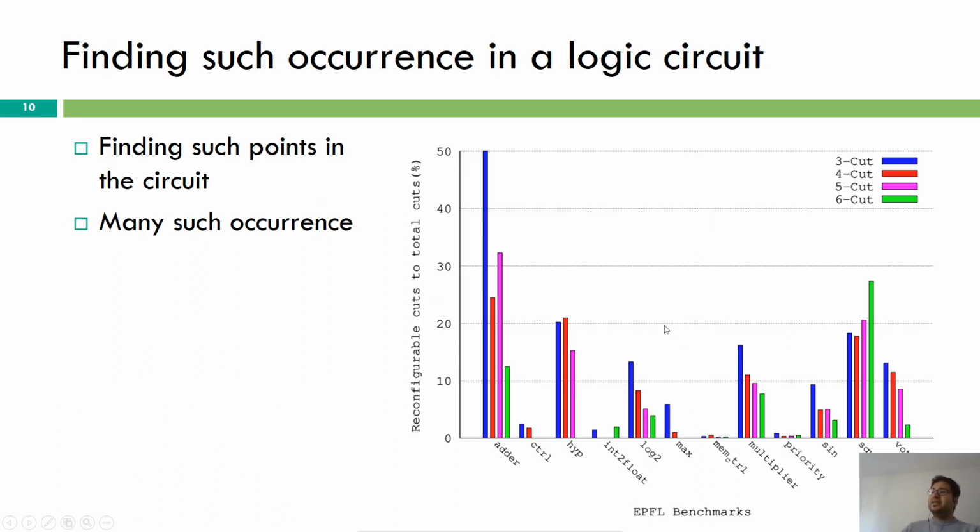The next step was to look at benchmarks to see how many occurrences there are which can be exploited for making such standard cells. On the EPFL benchmarks, we found that depending upon the number of input cuts we want to make, we get a different profile of benchmarks based on the self-dual functionality. So you have the adder, which shows, for a 3-input cut, 50% of the logic gates being self-dual.